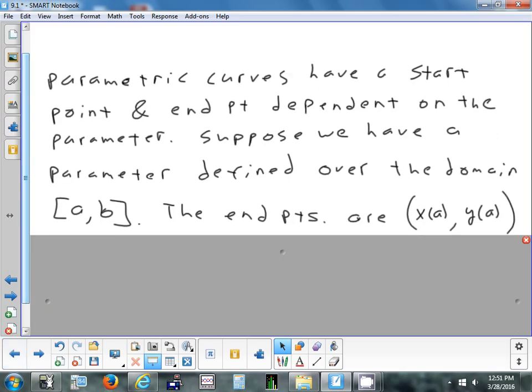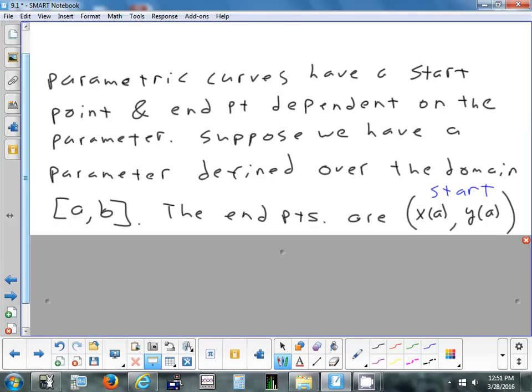Right, so what you do is you take A, whatever that number is, plug it into the formula that gives you your x's. Then take A, whatever number it is, plug it into the formula that gives you the y's. What that's going to do is give you the start point of the curve. So you plug the left value of the interval into your function for x, see what you get.